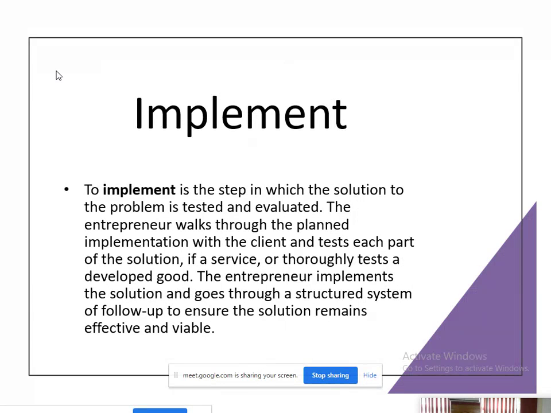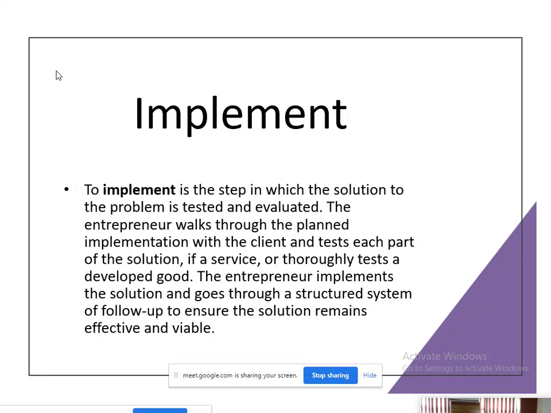Implement. So implement, you can already understand from the word. This is the time that we are going to test our solution. It is the step in which the solution to the problem is tested and evaluated. The entrepreneur walks through the planned implementation with the client and tests each part of the solution.